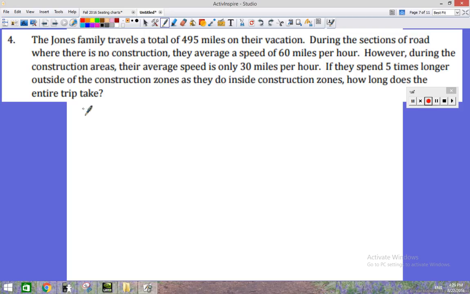Alright, so I have this total distance that is broken into 2 parts. The distance where you're driving through construction, and the distance with no construction, just normal.